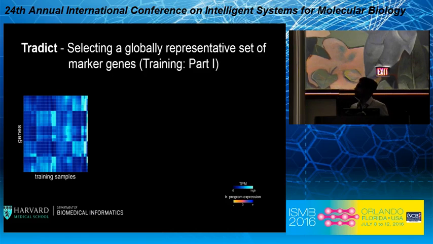And the idea is we basically start with some training collection of transcriptomes, okay? And I'll talk more about that later, but let's assume that our training collection is in some way comprehensive. And what we'd like to do is basically represent the transcriptome in terms of a small subset of markers. So actually what we do first is we calculate a new expression matrix of transcriptional programs. And before I explain exactly how we do that, I'd like to define what I mean by a transcriptional program.